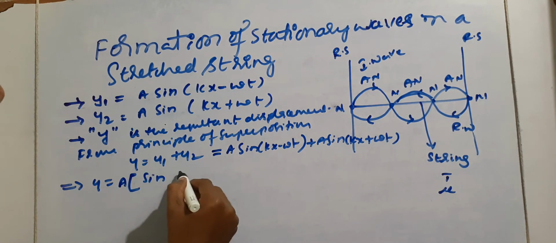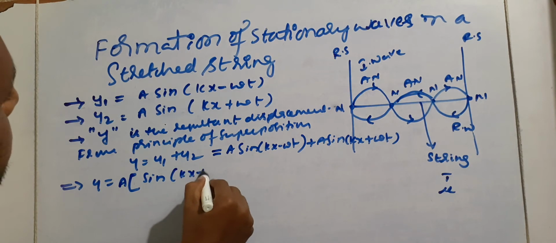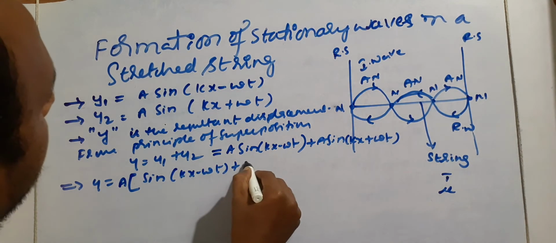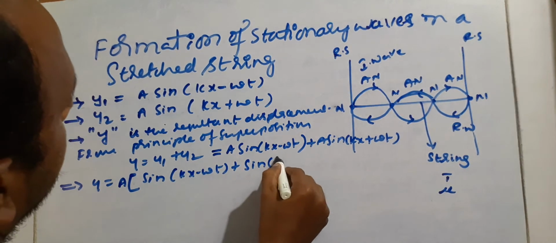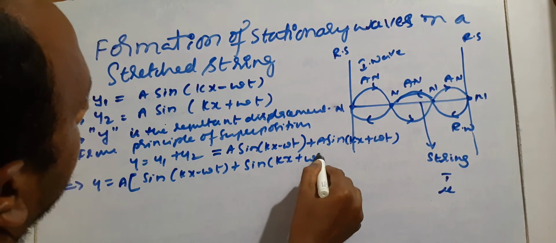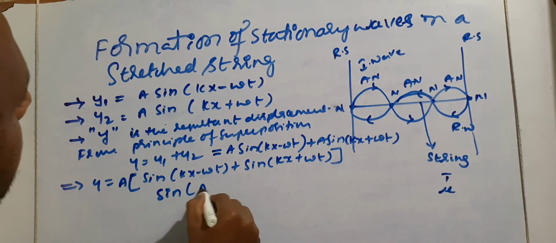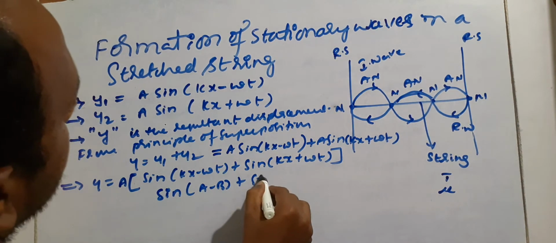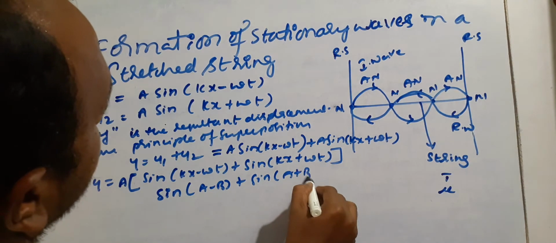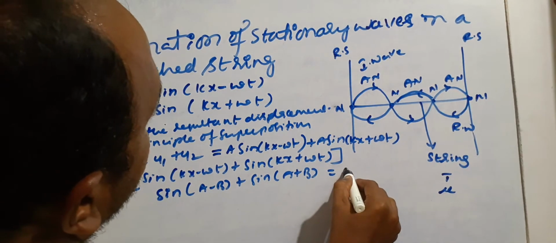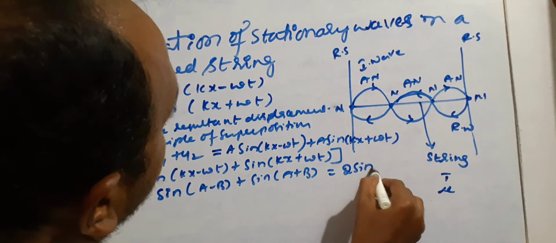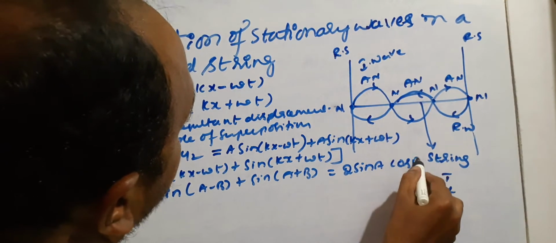Now we get a times sine of kx minus omega t plus sine of kx plus omega t. This is in the form of a trigonometric formula, sine of A minus B plus sine of A plus B, which is nothing but 2 sine A cos B. It is a standard formula.